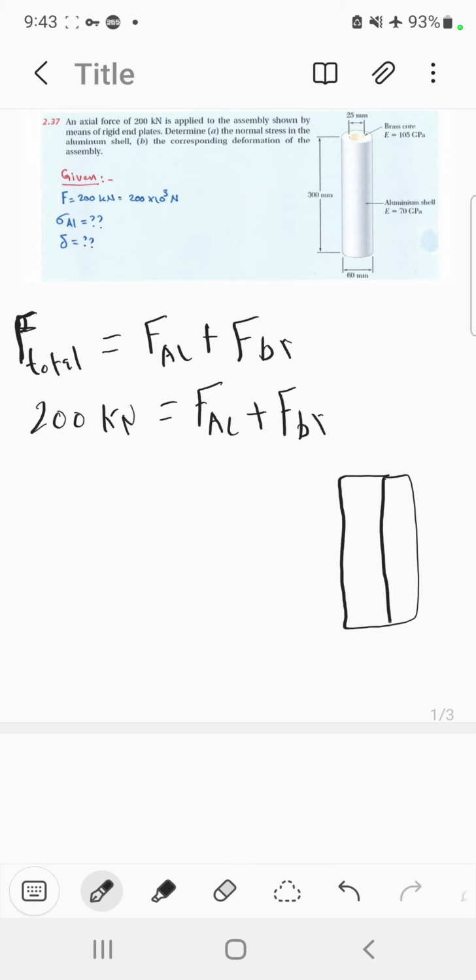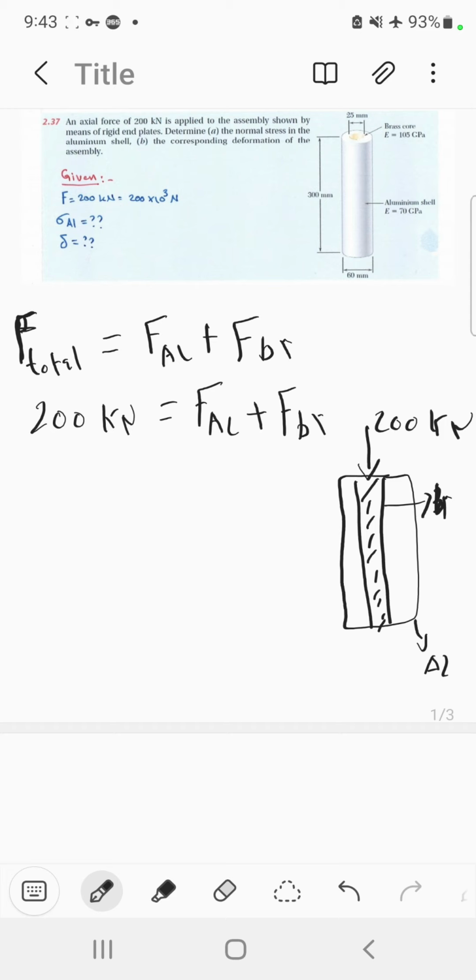Let's draw something like that. This is the aluminum, and this one is the brass, and we know there's an axial force of 200 kilonewton.